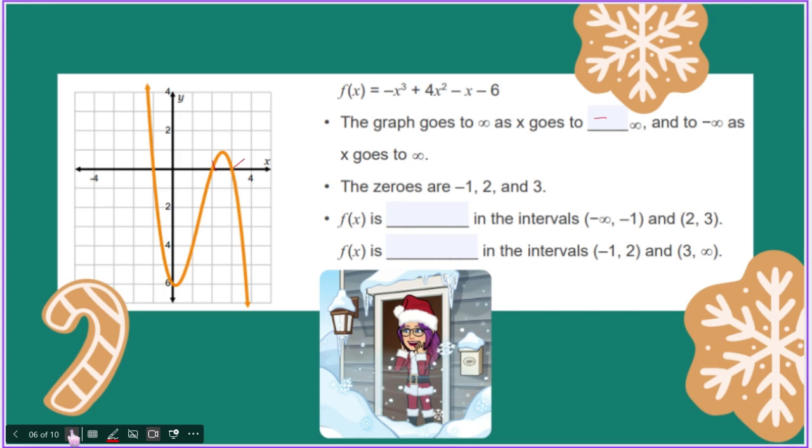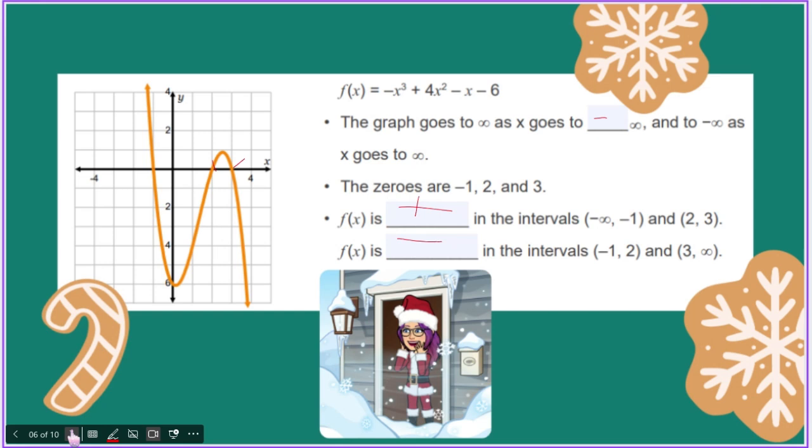It is going to be positive in some intervals, and negative in others. So from negative infinity to negative 1, and from 2 to 3, it is going to be positive. Then it is going to be negative from negative 1 to 2, and from 3 to infinity.